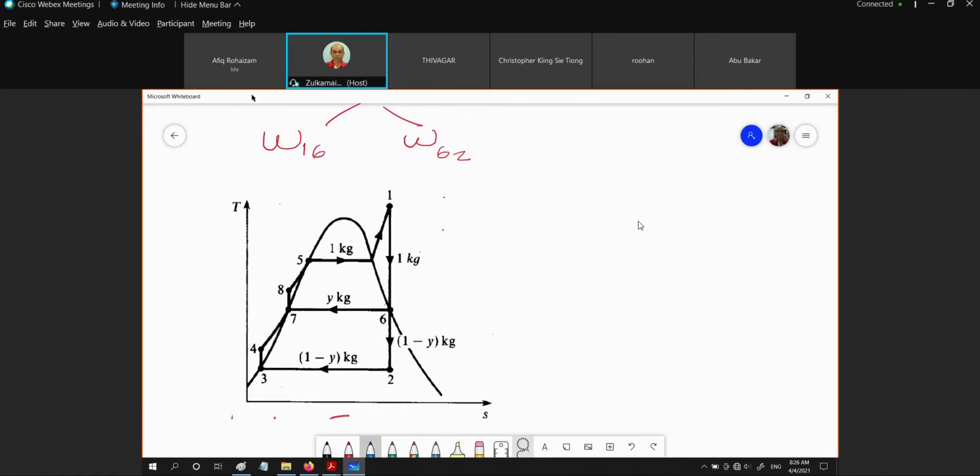So to get H1, we are going to use P1 and T1. How to get H6? We are going to use P6, and S6 is equal to S1. How to get the enthalpy of H2? We are going to use P2, the condenser pressure, and S2, which is equal to S6, which is equal to S1.